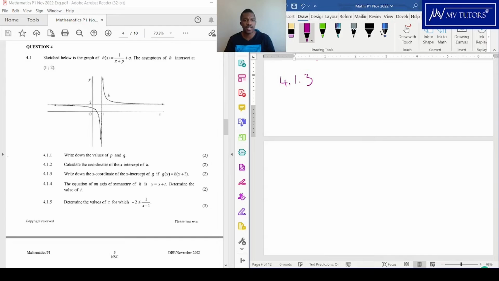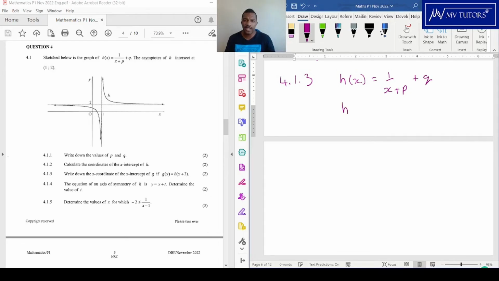Okay, let's look at the next question now, 4.1.3. It says write down the x coordinate of the x-intercept of g if g of x is equal to h of x plus 3. I want you to look at this with me. We know h of x is equal to 1 over x plus p, plus q.